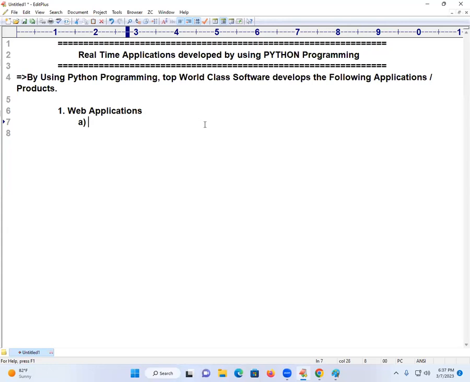So to develop web applications, already in the software industry, the Java language is available. Using the Java language, by using technologies like what? Servlets. Next is JSP, which you don't know, just listen. Today it is bouncing over your head, don't worry, because tomorrow I am going to start Python from zero. Today I am talking about the overall importance of Python. Now, we will use Spring, and Hibernate, and Spring with microservices.